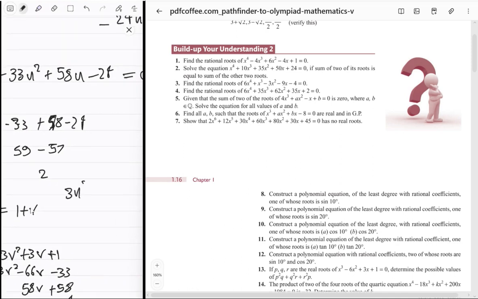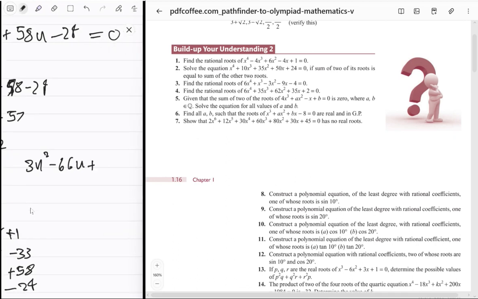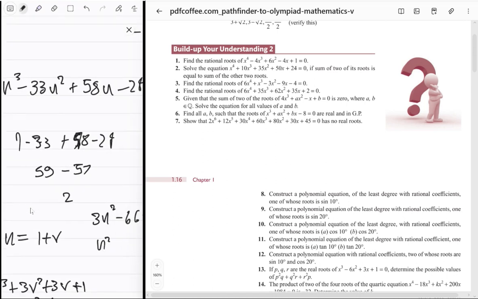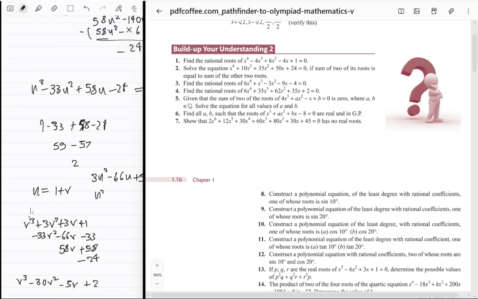It's 3u squared minus 66u plus, I'm just guessing that it might just be an increasing function, who knows? Because then it's going to have only one root, which is between 0 and 1. Between them there's no integer roots, and this can only have an integer root because of the rational root theorem. So that would conclude that there is actually no root.